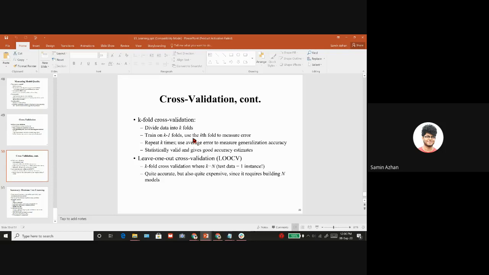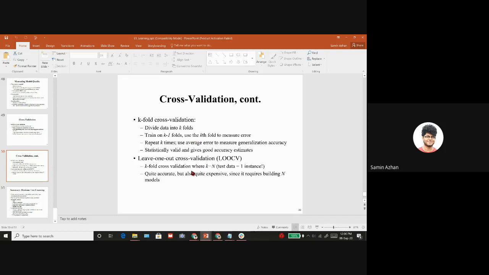So the data is segmented into multiple portions, and it will be randomly used to check the validation. That's k-fold cross validation.